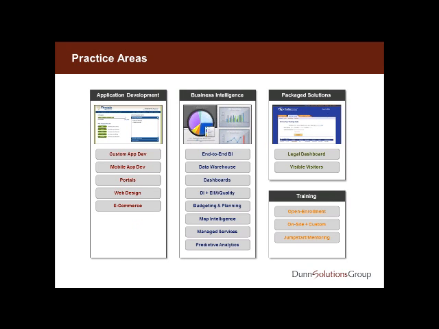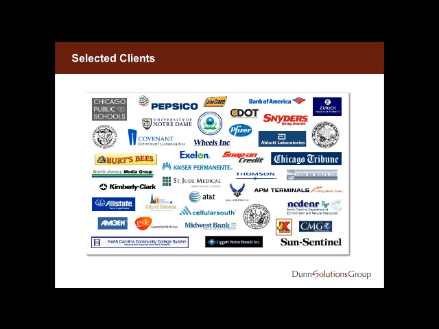Our offerings fall into 3 practice areas: application development solutions, which include custom application development, mobile application development, e-commerce, portals, and web design; business intelligence solutions, which include end-to-end BI solutions, dashboards, reporting and analytics, mobility, and other advanced BI capabilities; and package solutions, which include software services offerings for specific vertical markets or unique needs. In addition, we offer training solutions, which include classroom, on-site, and custom training, and we'll talk a little more about that in a minute.